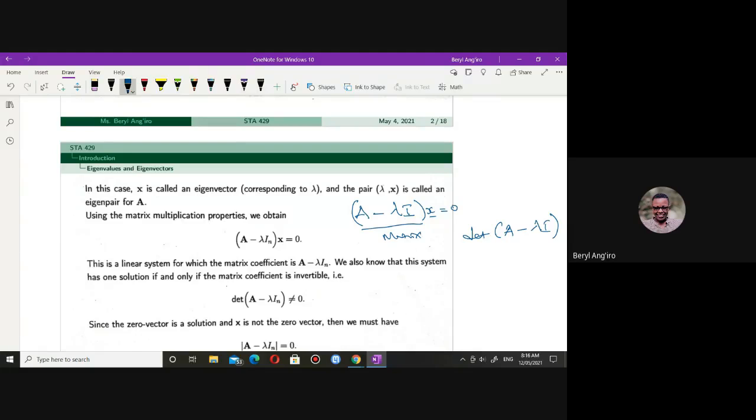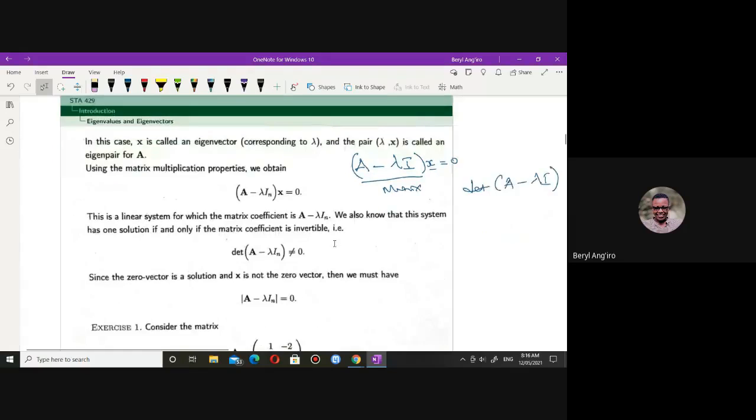If the determinant exists, then the matrix is invertible, so the zero vector is the only solution. But X is not the zero vector. Therefore, it means that the determinant of A minus lambda I equals 0.